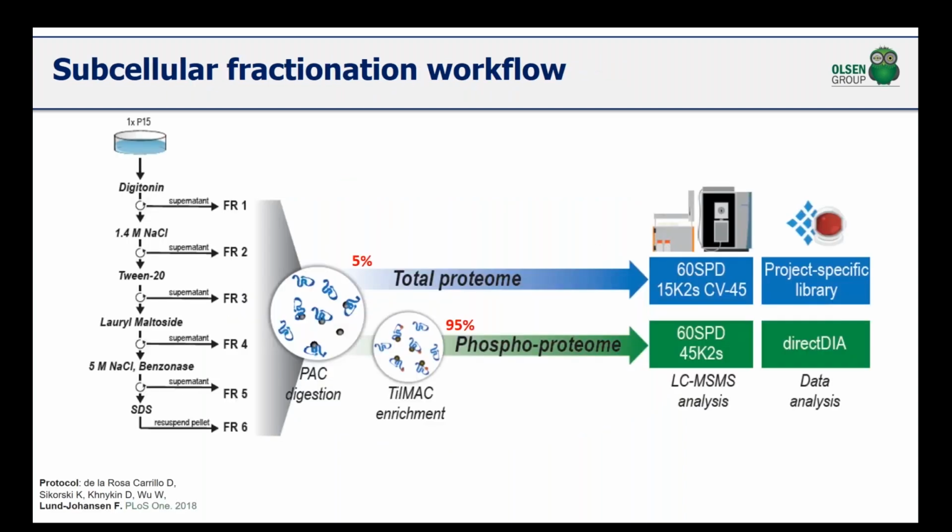And the way that we do that is basically to follow a subcellular fractionation workflow where, using different detergents, we can enrich for different subcellular fractions. And starting from a single P15 dish, we can then use 5% of the extracted proteins for total proteome analysis and 95% for phosphoproteome analysis after titanium IMAC enrichment.